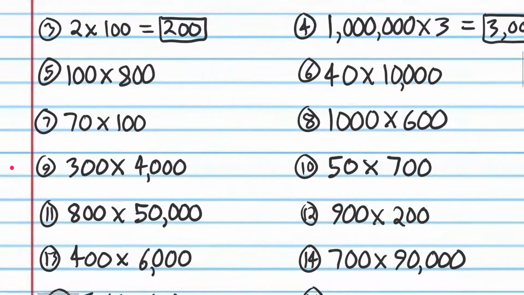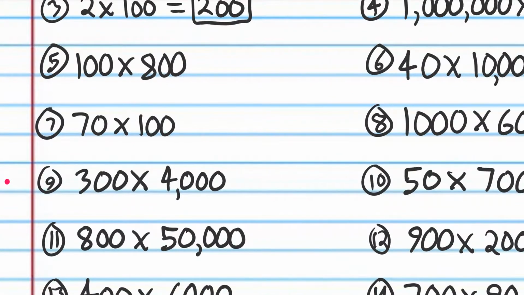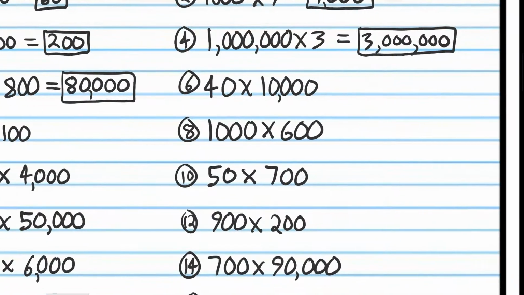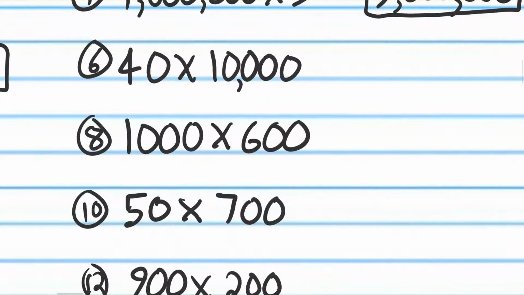All right, so now in number 5, we have a number that is bigger than the numbers we were dealing with before. We have 800. So in this case, we're just going to write the 800, and then we're multiplying by a power of 10, which has 2 zeros. So you just add 2 zeros, and we have 80,000. So same thing there. So why don't you try number 6, and when you come back, we'll do it together.